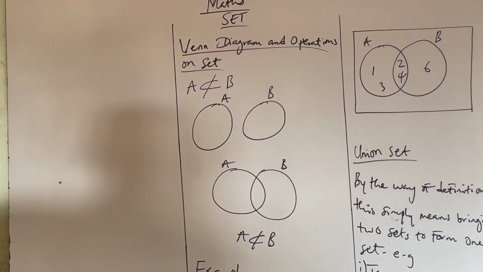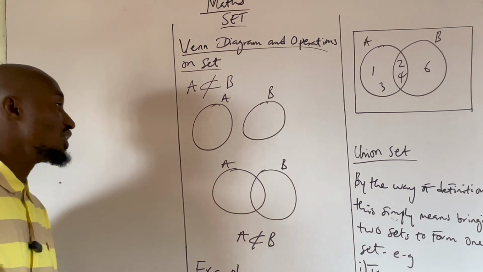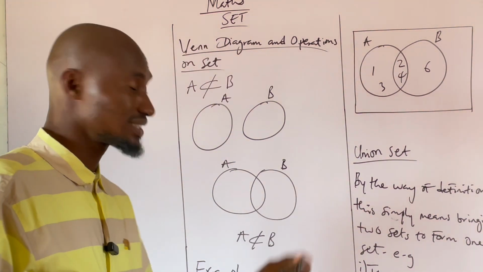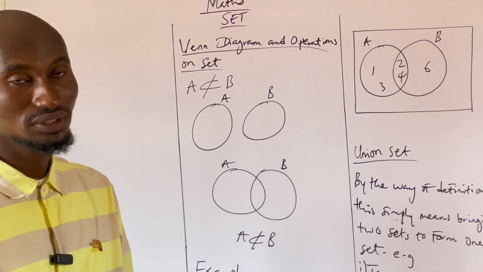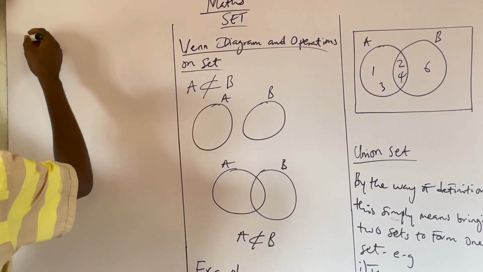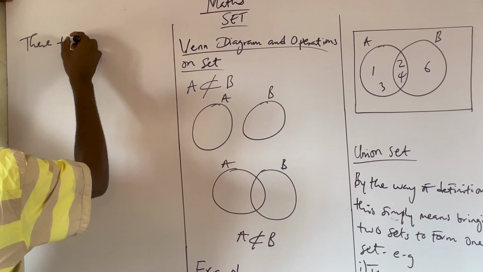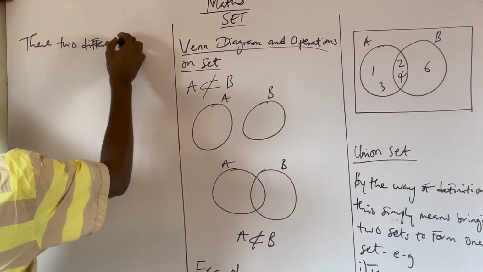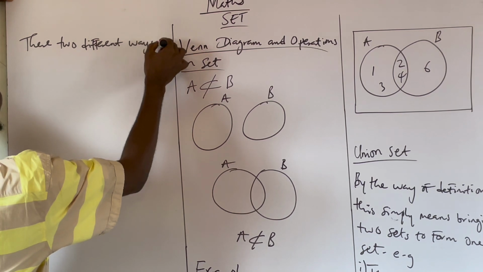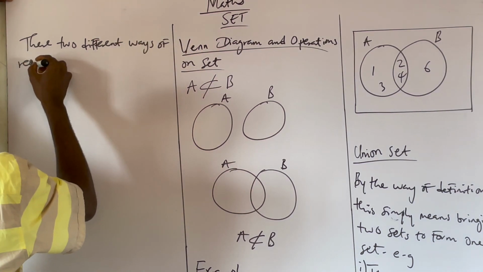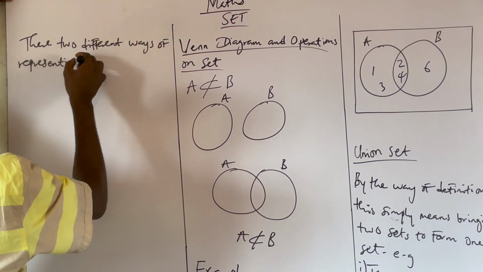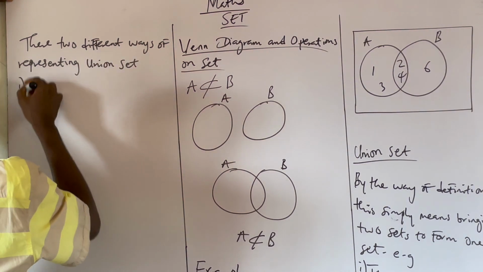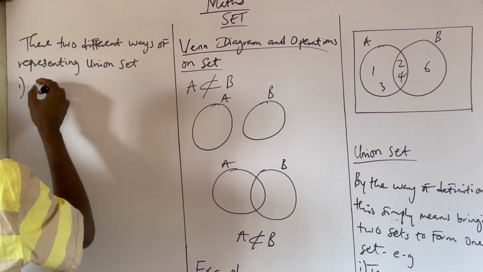So now, union set can be represented in two ways. Let me say there are two different ways of representing union set. One is by shading.